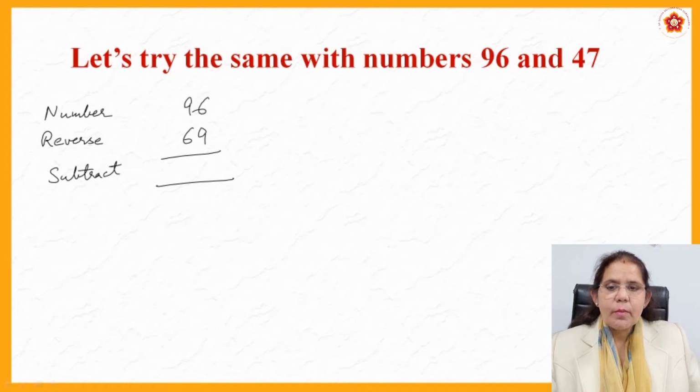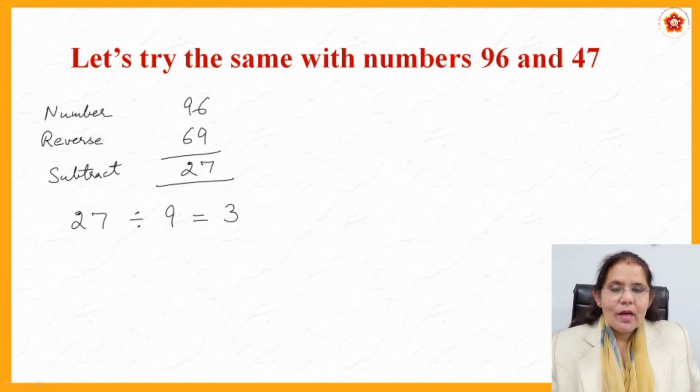So 16 minus 9 is 7 and 8 minus 6 is 2. Divide 27 by 9. 9 3s are 27 and the remainder is 0.